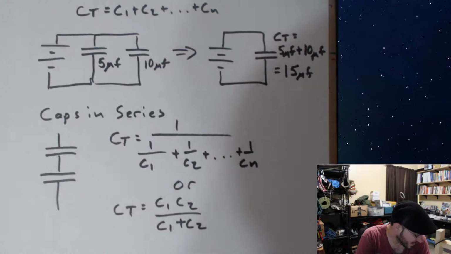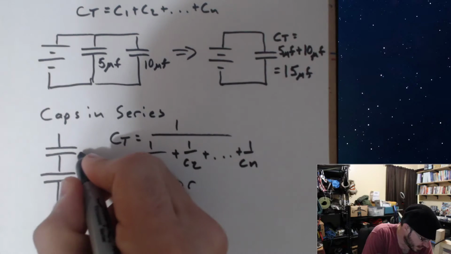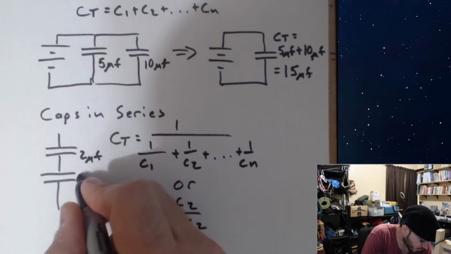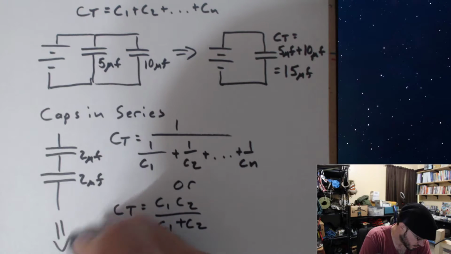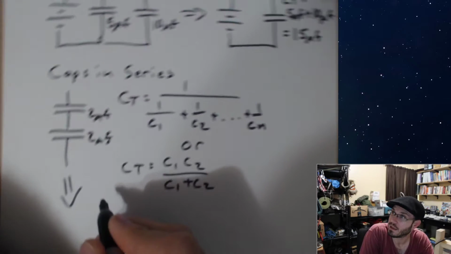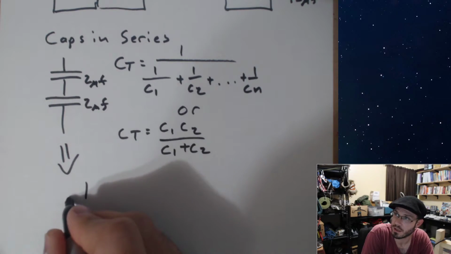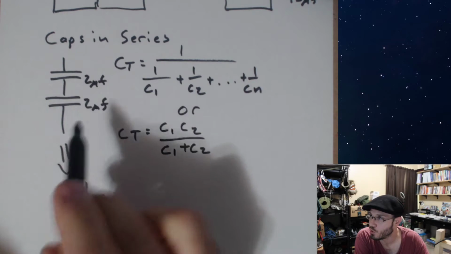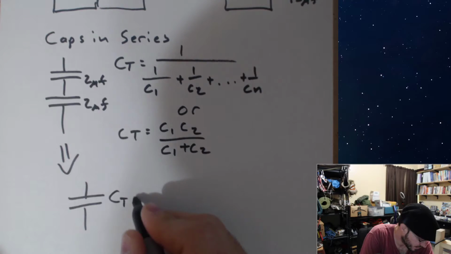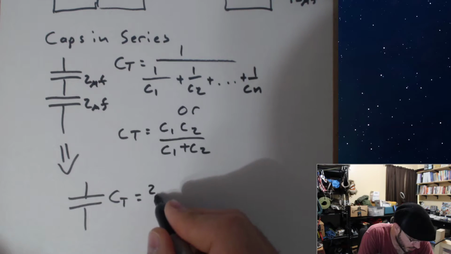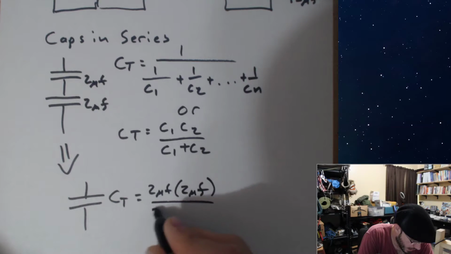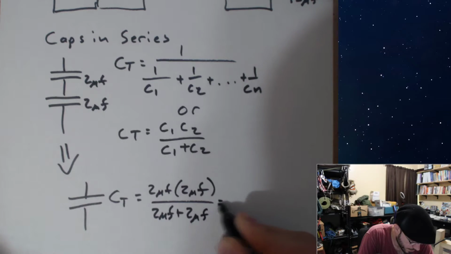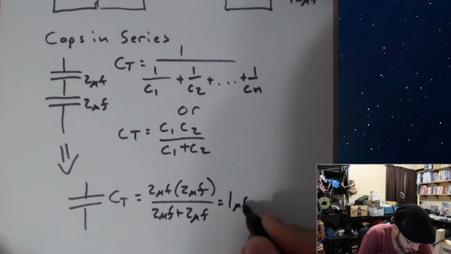Okay, so if I were to have 2 of these, and let's say they are 2 microfarads each, then I can reduce it to be a total capacitance that's equal to, well, 2 microfarads times 2 microfarads divided by 2 microfarads plus 2 microfarads, which is going to be 1 microfarad.